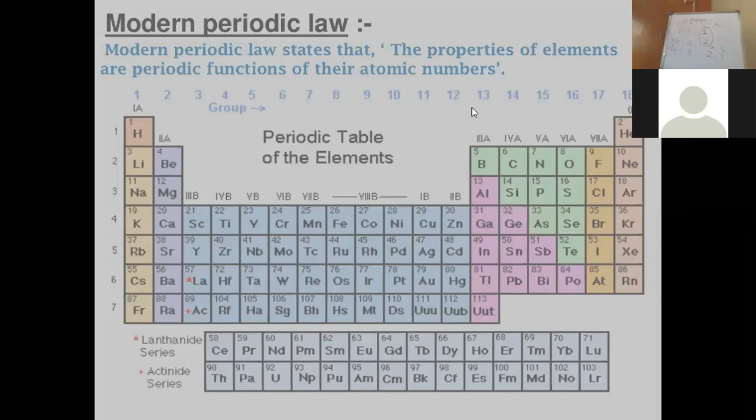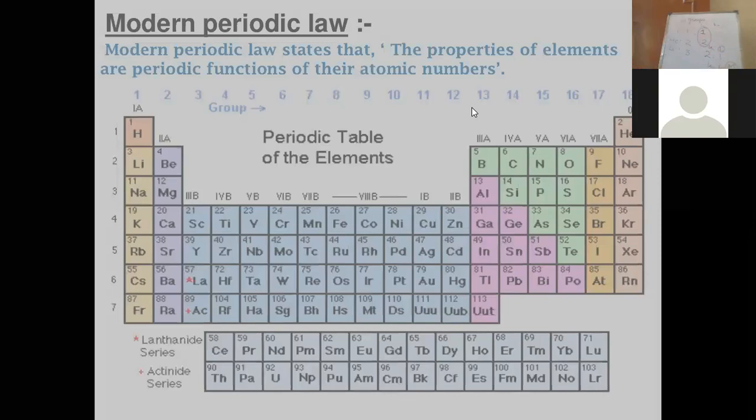And in the third period, we have those elements which have 3 shells and their last shell is incomplete. Here in the second period, their last shell, the L shell, is incomplete.